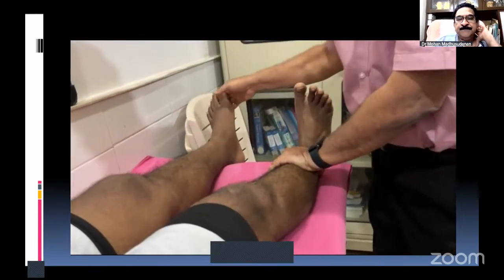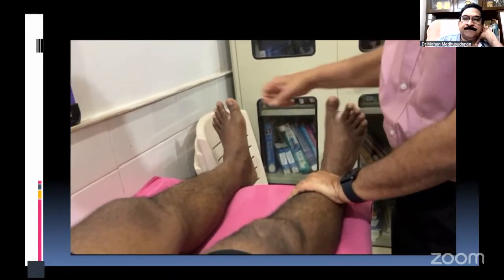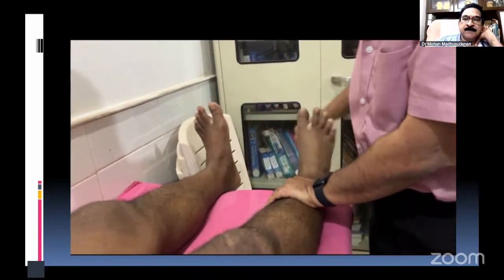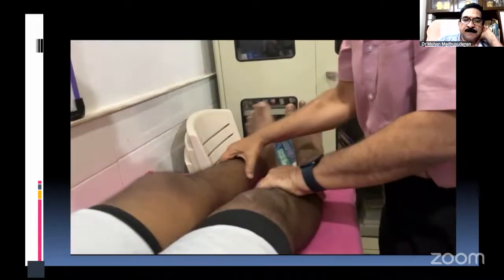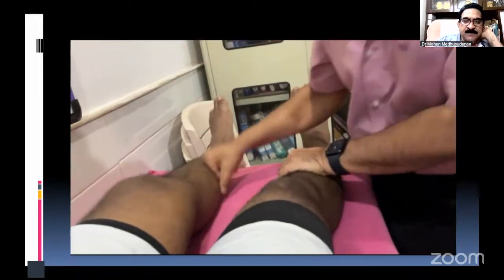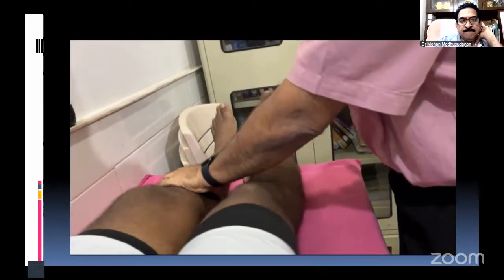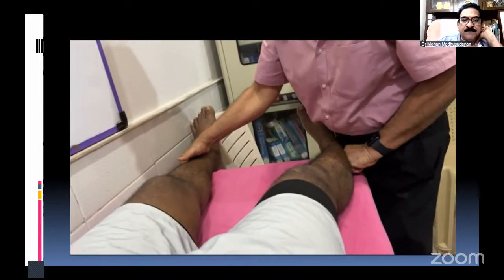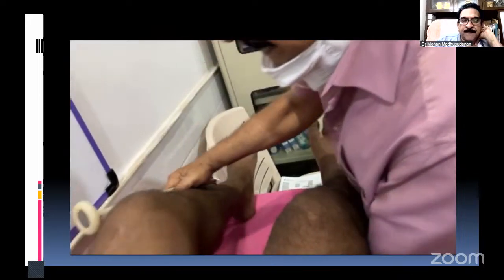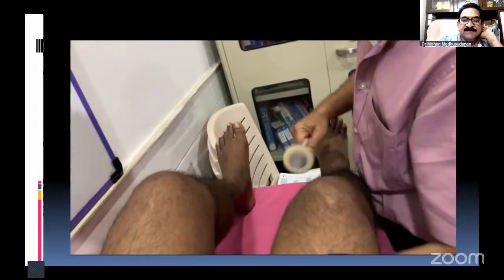What is weak? EHL and ankle dorsiflexion normal. Plantar flexion normal. Adductors of thigh were normal, but he was not holding on the left side because of the pain. Abduction was normal. There's a pain there.